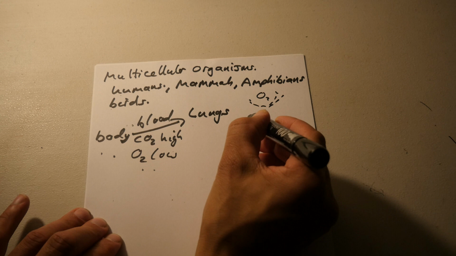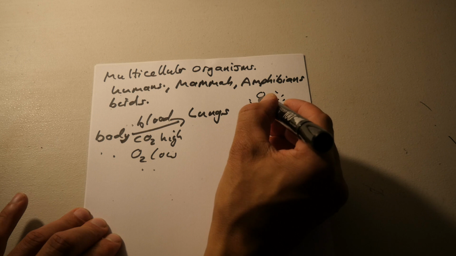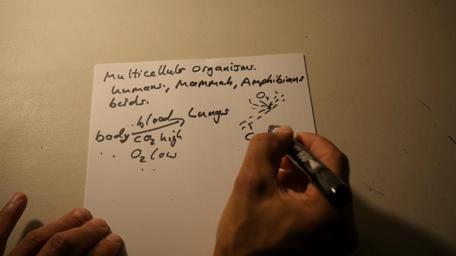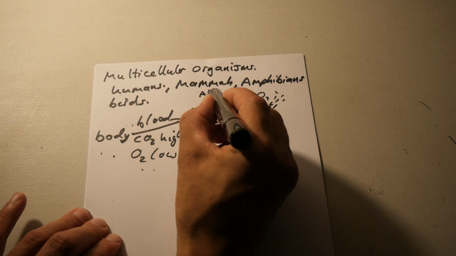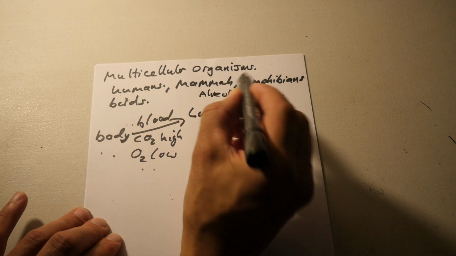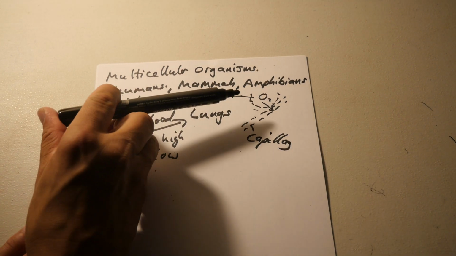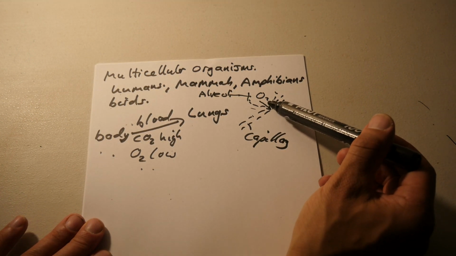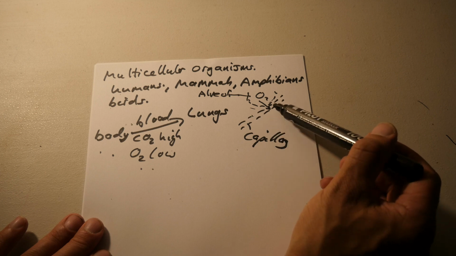So that's the alveoli here, that's the oxygen, and it diffuses into there, and that's the capillary. That sac thing I drew is the alveoli of the lung. Oxygen diffuses across the 1 cell thick membrane of that and the 1 cell thick blood vessel wall of the capillary, into the blood flow.